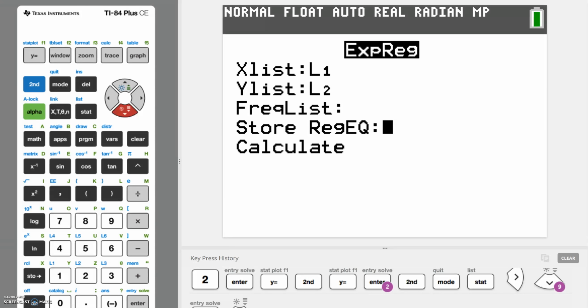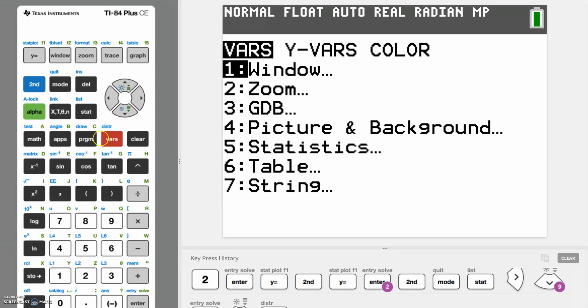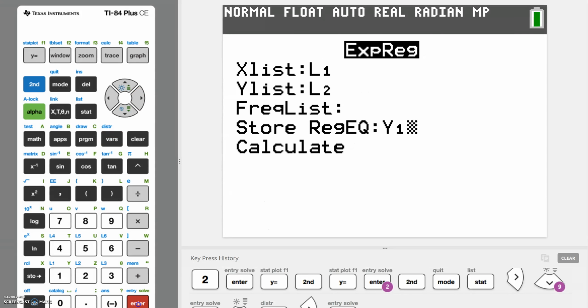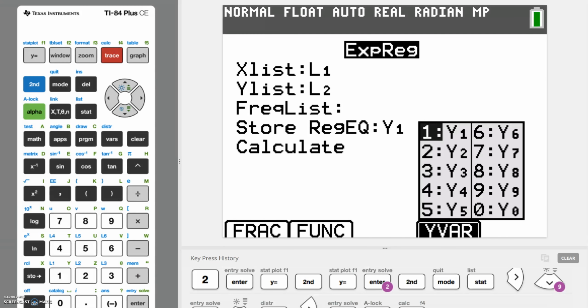Your calculator will just have ExpReg on the home screen, and then you just type in where you want it to store the regression equation. On those old calculators, you have to go to vars, yvars, function, y1 in order to get that. On the newer calculators, you can just go to alpha trace, and there's the list of the y values there, and you can just choose y1 from there.